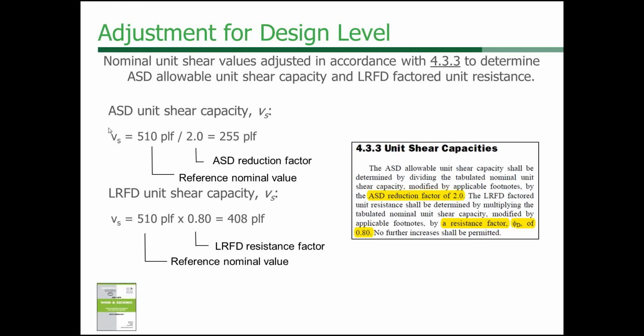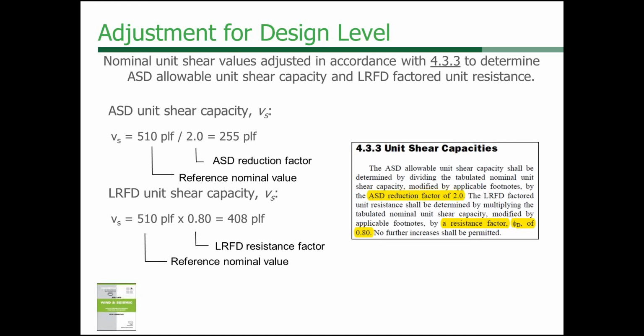And right here, the top one gives you an adjustment taken from the table. It was 500, the nominal value was 510. To get it into an ASD value, you've got to divide by 2, which is 255.